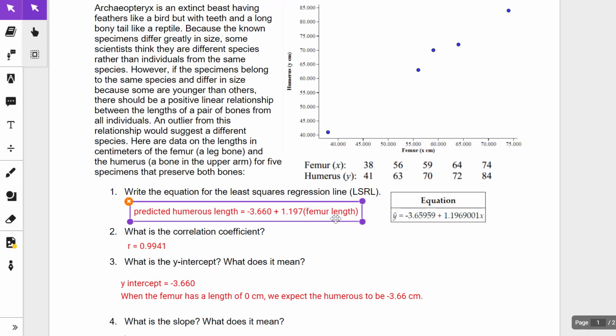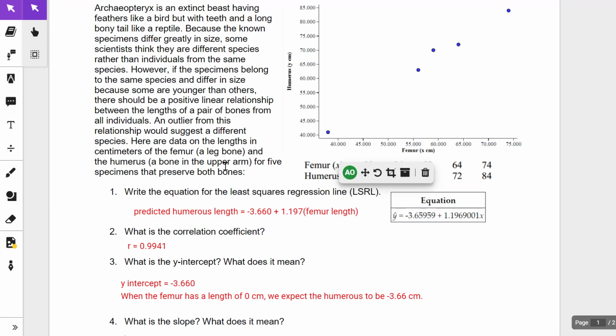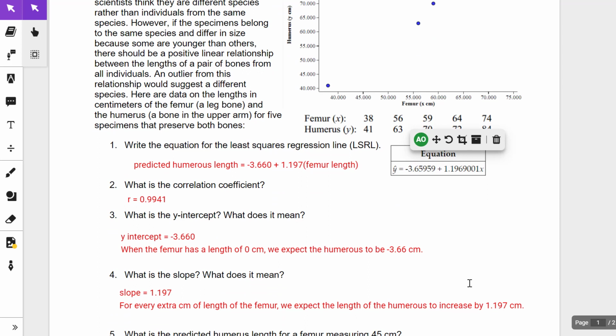That means if I put in 0 for the femur length, I expect the humerus to be negative 3.66 centimeters. That doesn't make a lot of sense, but that's just how the equation's working out. I suspect as it gets very small, the femur and the humerus are probably closer to the same size for very small critters.